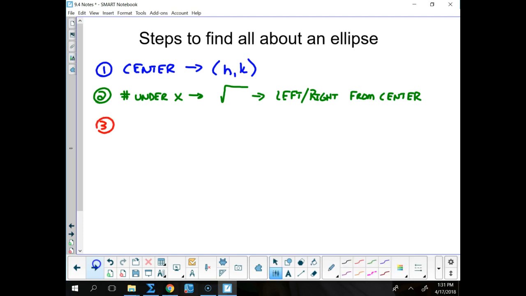Third thing we do, we look at the number under the y, take the square root of that, and that's going to tell us how much up or down from the center we go.